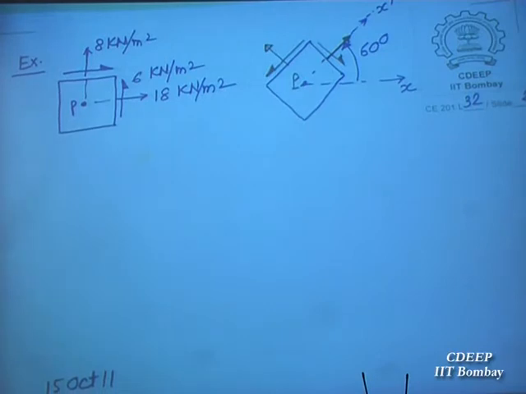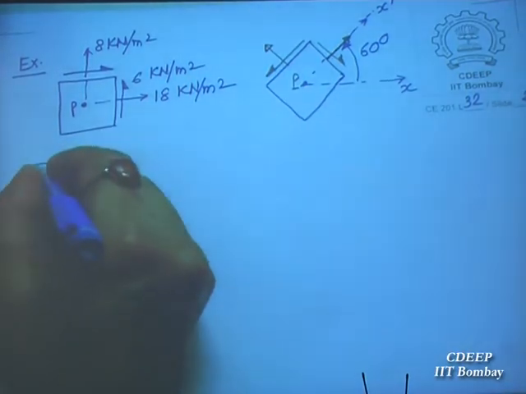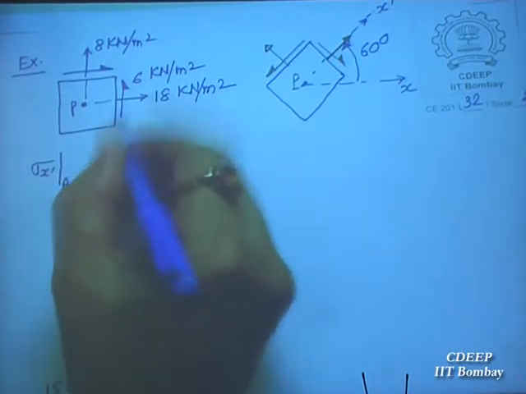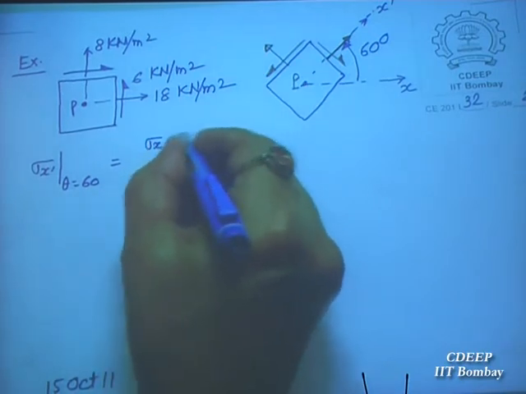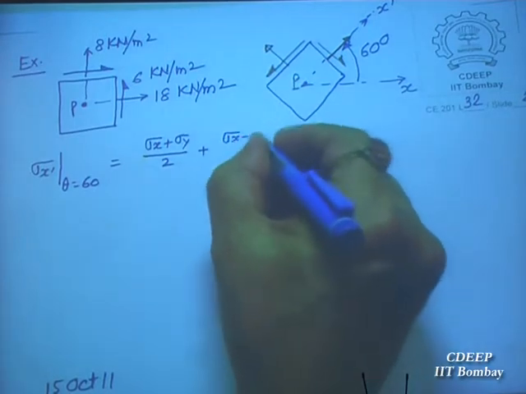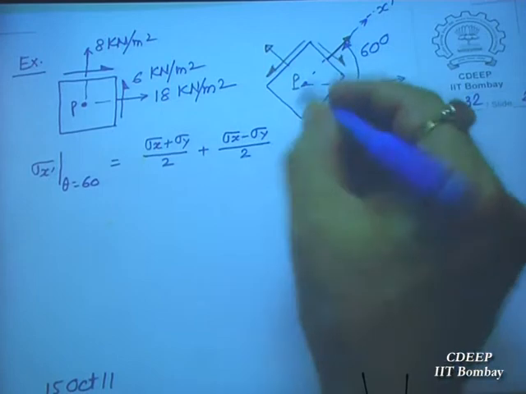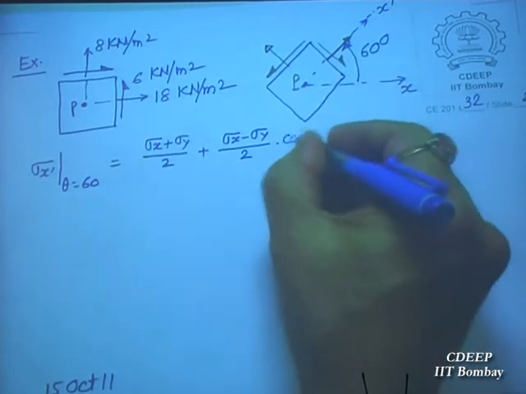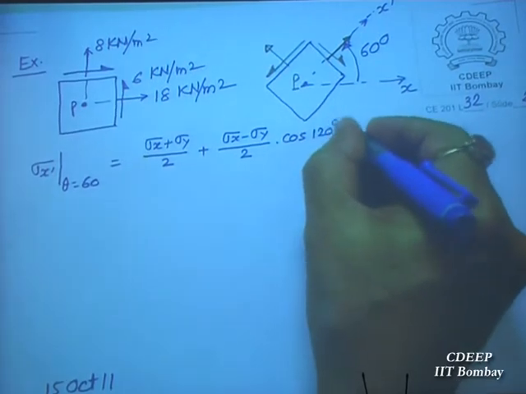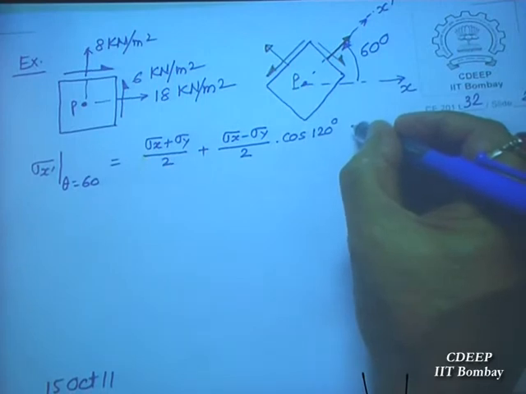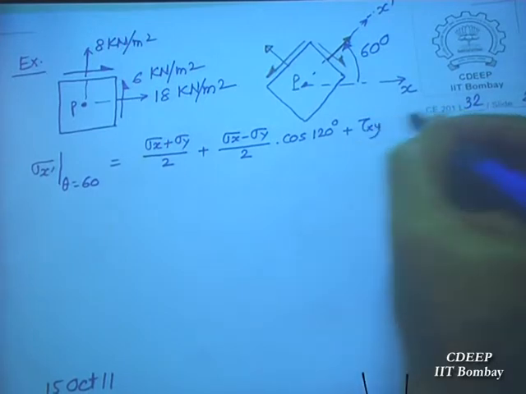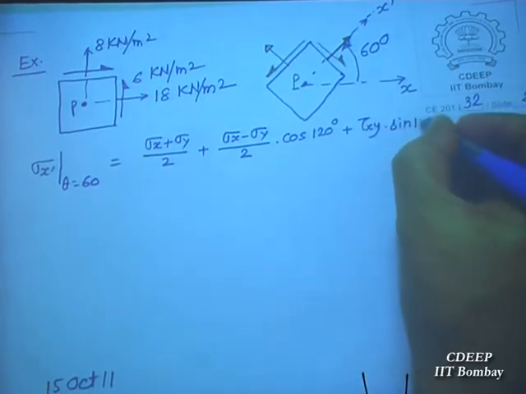So sigma x dash when theta equals 60 is equal to sigma x plus sigma y by 2, plus sigma x minus sigma y by 2 into cosine 2 theta, so cosine 120 degrees, plus tau xy into sine 120 degrees.